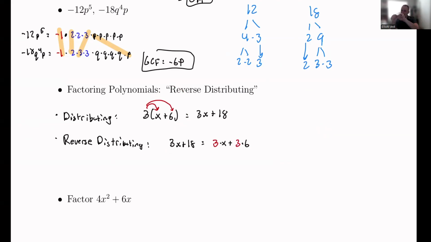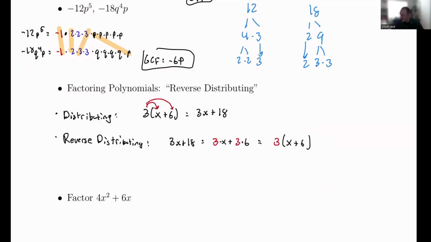If I imagine myself pulling that 3 back out so that x plus 6 is in parentheses, I can move this to be 3 times x plus 6. And isn't that the same thing as this prior step? If I move this back out, in the future step, I can distribute it back in. This is the reverse distributing point, which is also the same as what we call factoring out a 3 here. You can factor out your greatest common factor and leave everything else on the inside.